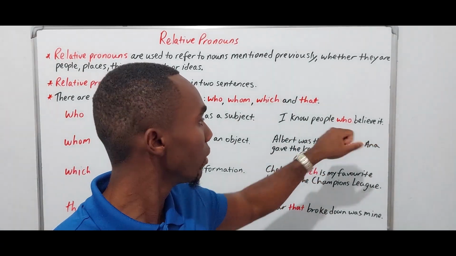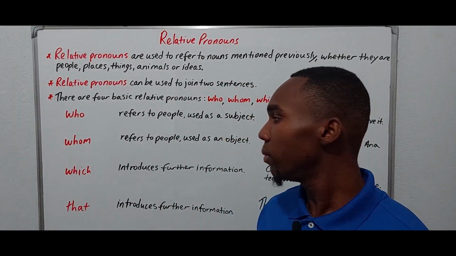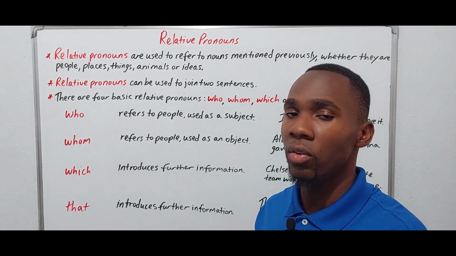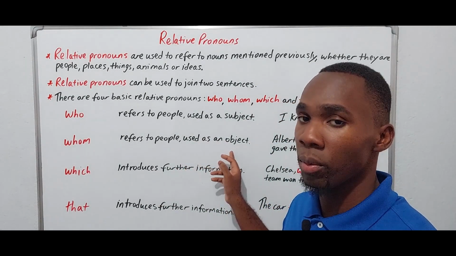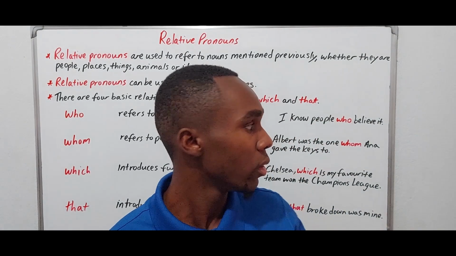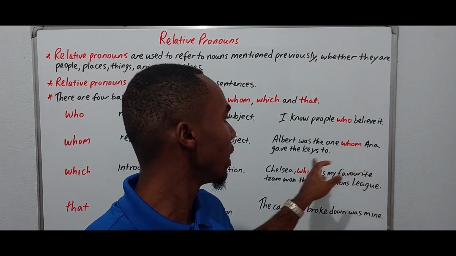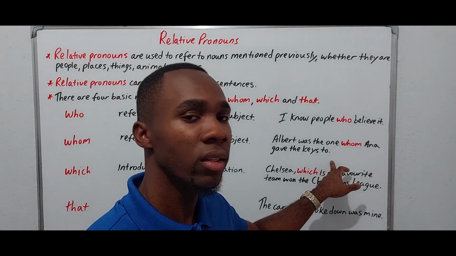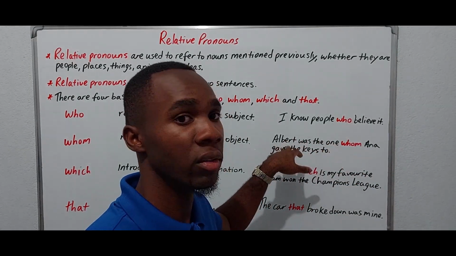Right. Whom. Whom does the same thing as who, but the only difference is that whom is going to be used as an object. Therefore, Albert was the one whom Anna gave the keys to, right? So Albert, whom is talking about Albert.